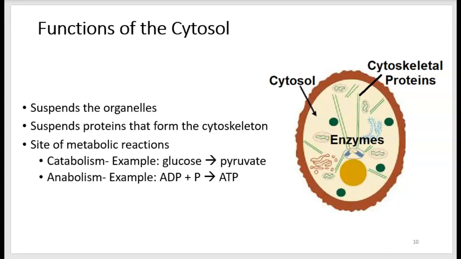For example, the breakdown of glucose into pyruvate is a catabolic reaction that takes place in the cytosol, and we'll talk about the breakdown of glucose later. An anabolic reaction is the formation of ATP when ADP and phosphate are put together. So that also takes place in the cytosol.